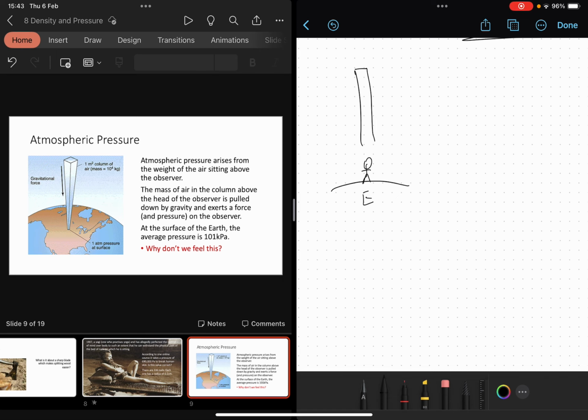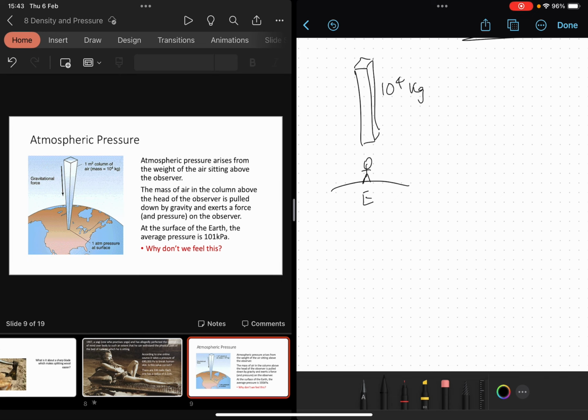It's almost like there's this invisible column of air above you, extending about 10 kilometres right to the top of the atmosphere, and it represents about 10 to the 4 kilograms mass of air. Gravity is acting on that, so it's kind of acting on you. There is a force on you, giving rise to a pressure on you. And we call that atmospheric pressure because that's where it originates from.